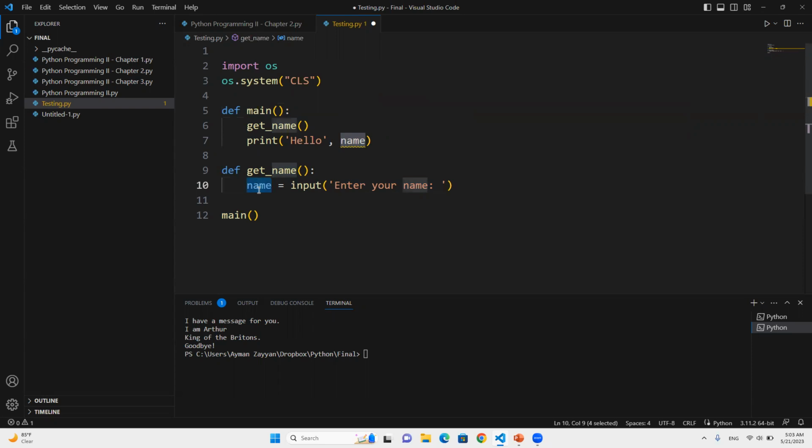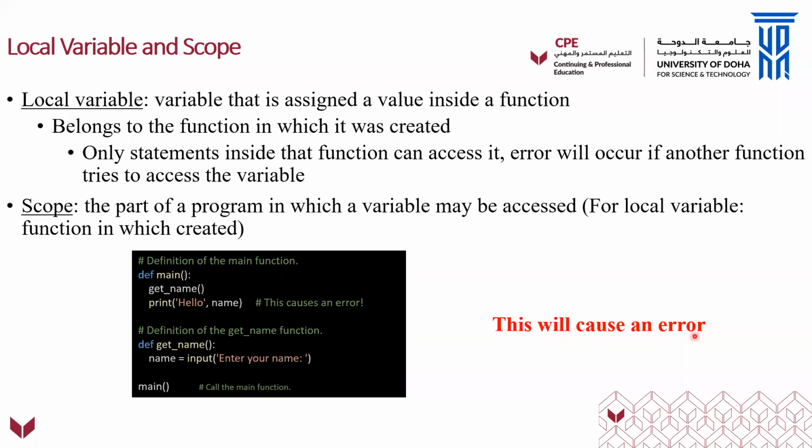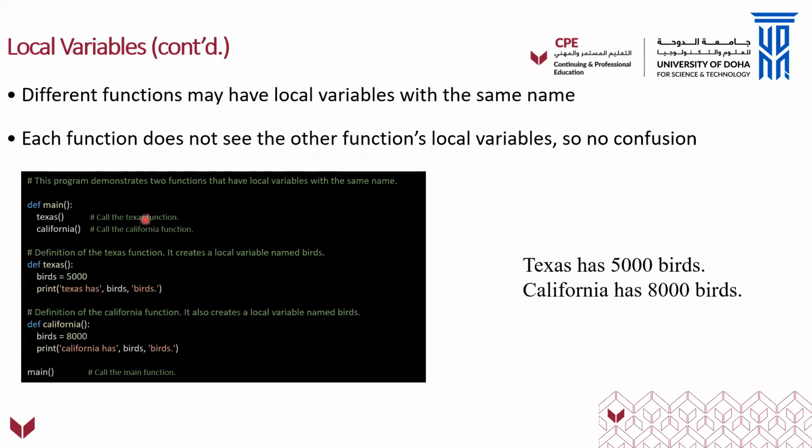Because it's defined here as a local variable, so it will be accessible in this scope only, and I cannot access it outside of getName. For that, this will cause an error. Different functions may have local variables with the same name. Each function does not see the other function's local variables, so no confusion.